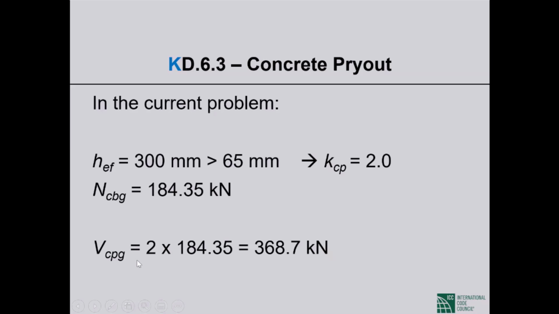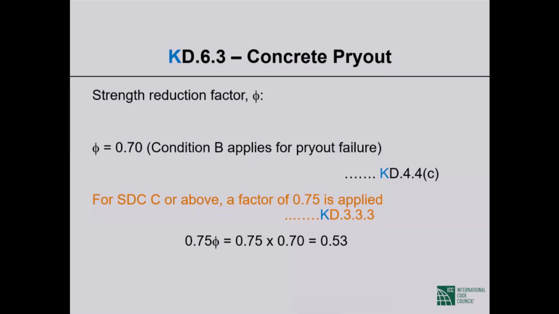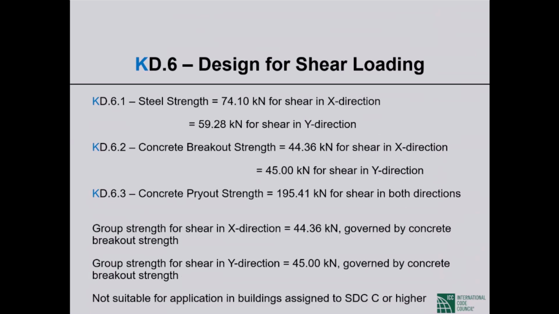So the pry out strength is 368.7 kilonewtons, reduced by 0.75 and the P factor of 0.7. Now it is condition B by definition for pry out, so the P is 0.7. We get 53% of the nominal value, or 195.41 kilonewtons.